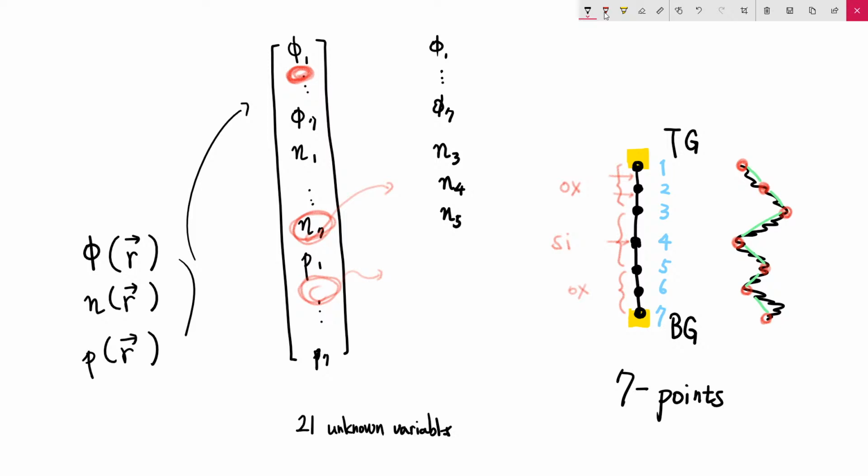And how about hole density? In the case of hole density, P1, P2 do not exist. So we can say P3, P4, P5. Then how many unknown variables? So we will have 13 unknown variables for this case.